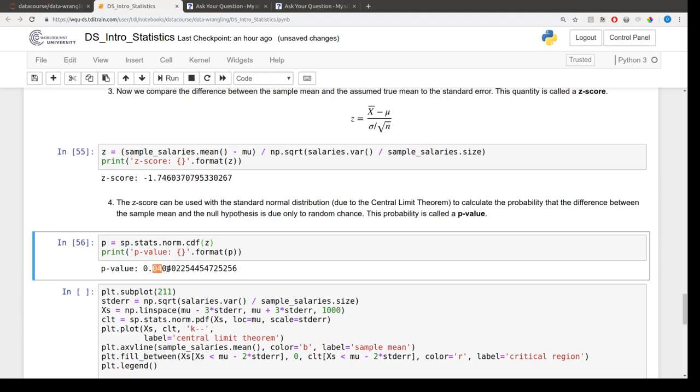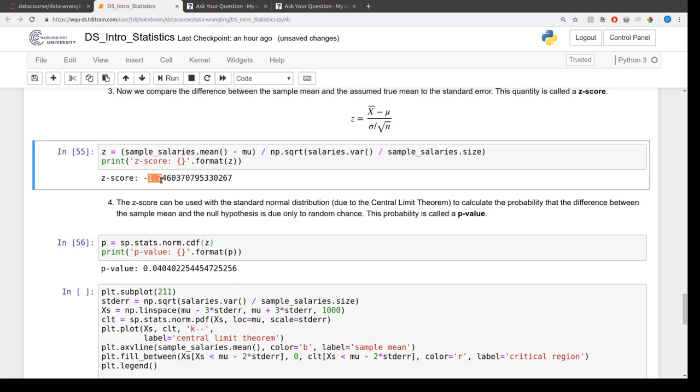The p-value is the probability of observing this average salary, or one that is even more different from our null hypothesis, purely by random chance. So there was a 4% chance that we would have observed a z-score of 1.7 or larger.